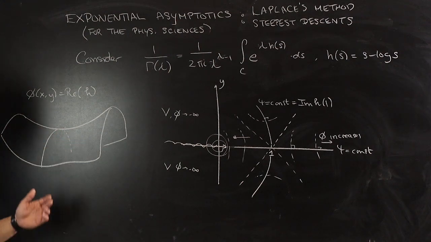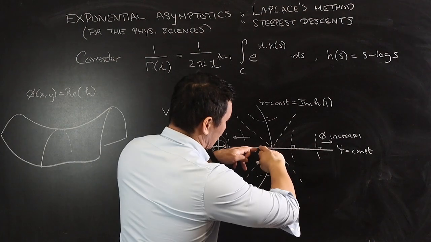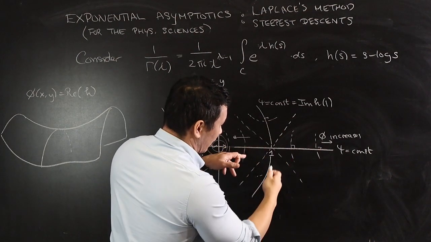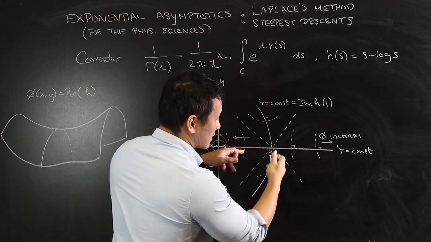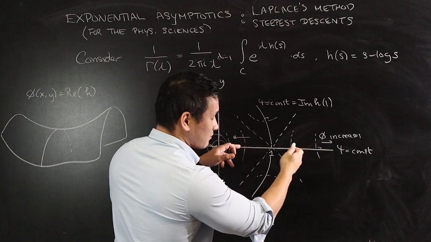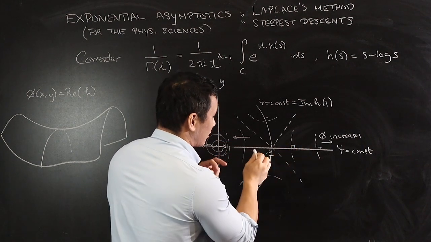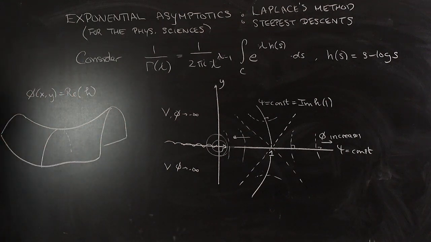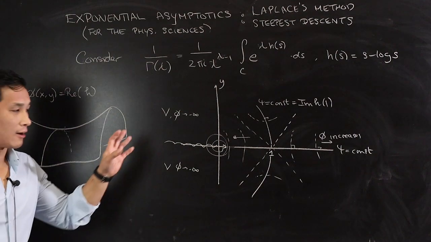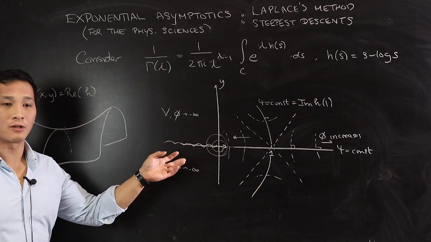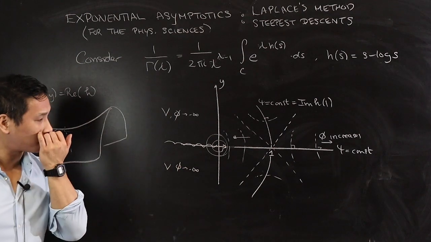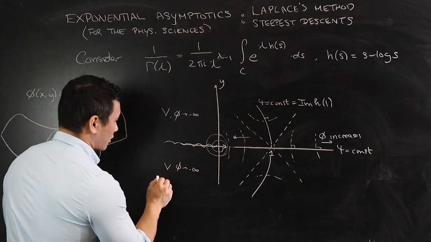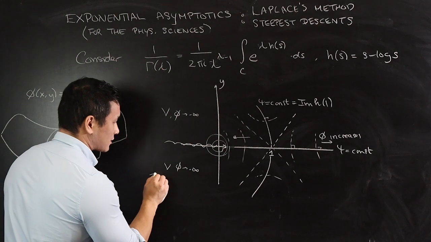And as we said before, if you deform along the solid line where psi is stationary, psi is constant, then along these lines, phi is descending or ascending maximally. Okay? So basically, now you have an intuition of how you're supposed to do this deformation problem. Basically, your contour C starts off at minus infinity here.